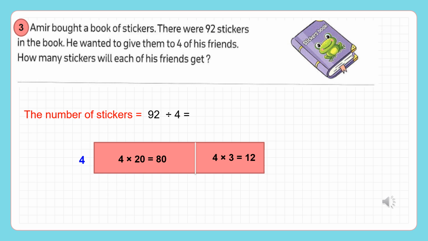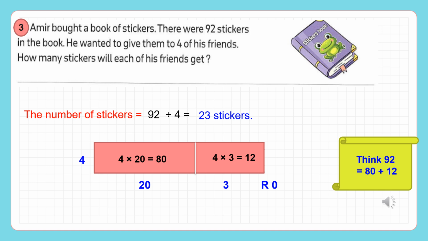So 4 times what to be 12? 4 times 3. So the quotient here will be 20 plus 3 equals 23 and there is no remainder. So we cut first 92 to be 80 plus 12.